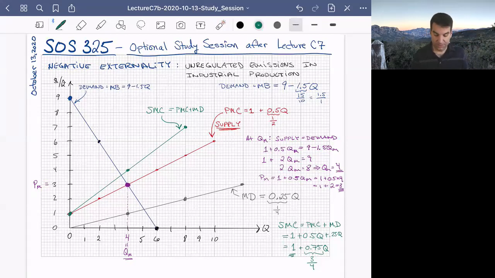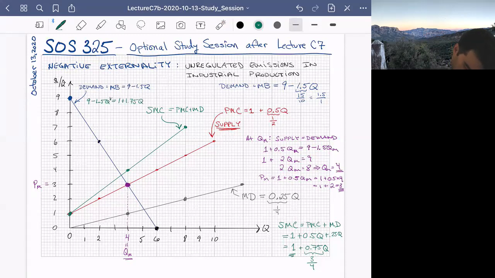I'm running out of room here, but I'll try my best to keep it on one page to prevent shifting back and forth. I'll put this in dark green: 9 minus 1.5q is equal to 1 plus 1.75q.